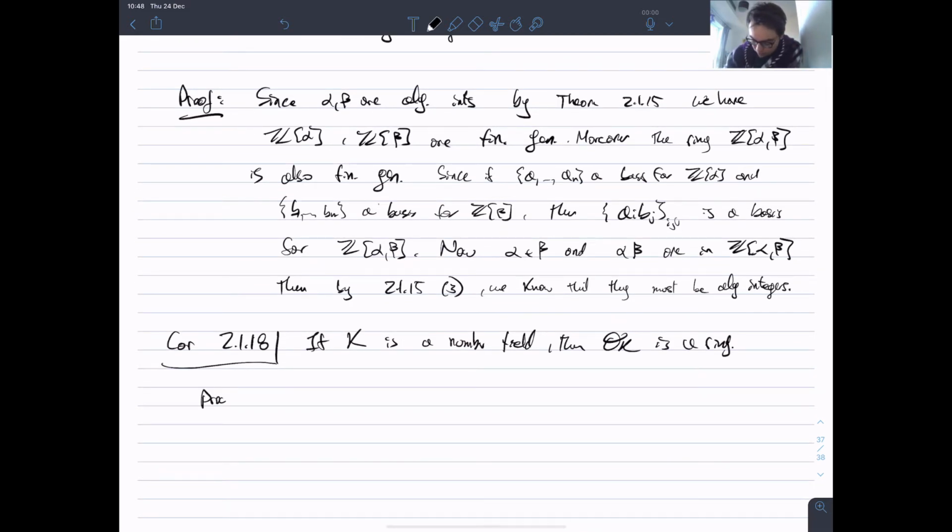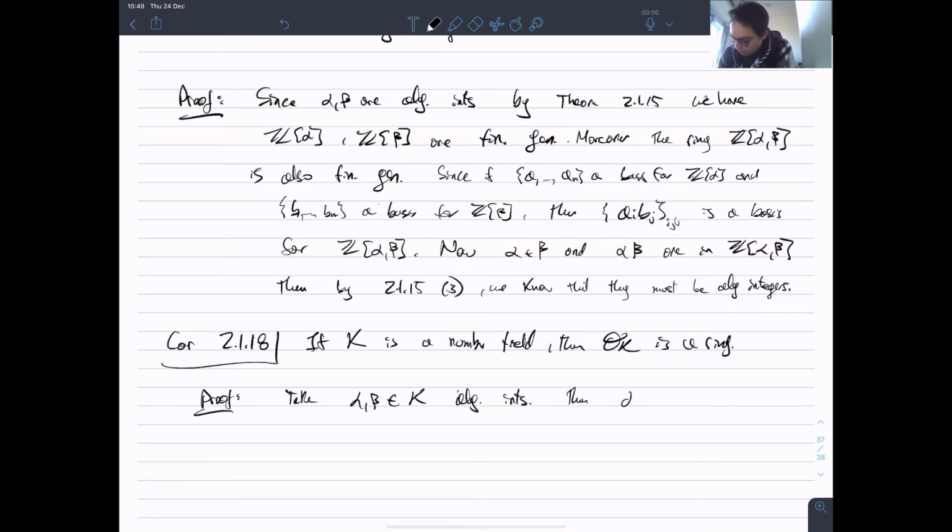Proof: this basically follows from the above. Take alpha and beta in K, algebraic integers.